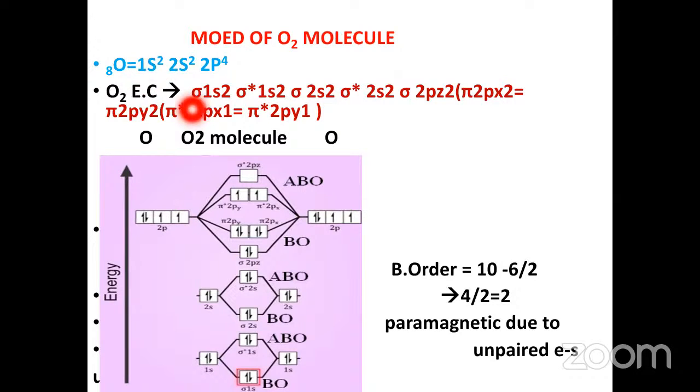You will fill these 16 electrons into the configuration like this. First of all, the electrons enter into sigma 1s2, next sigma star 1s, next sigma 2s, and next sigma star 2s, next sigma 2pz, next pi 2px2 and pi 2py2, and then pi star 2px1 and pi star 2py1.